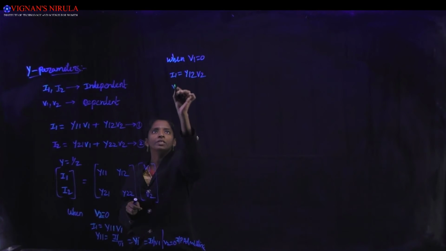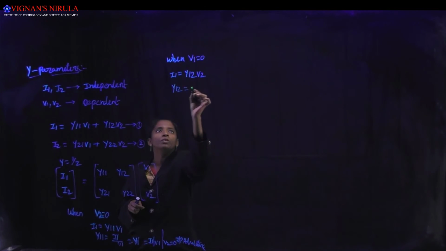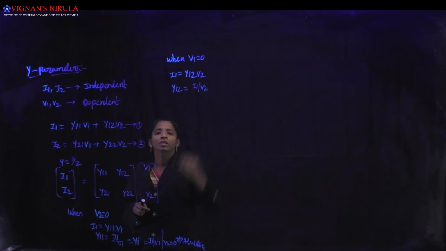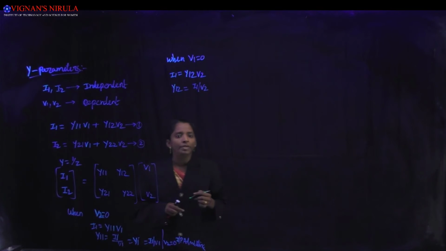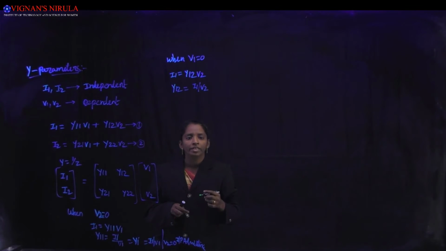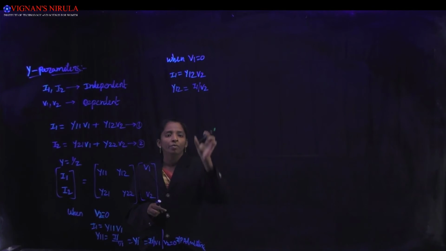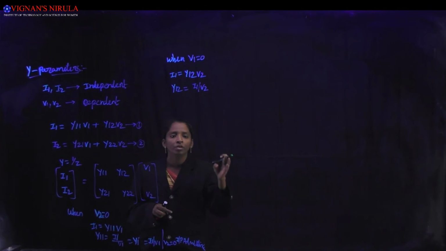From this equation, Y12 equal to I1 by V2. This is also an admittance equation, but it is called reverse transfer admittance, because we have the admittance at the input current and output voltage.